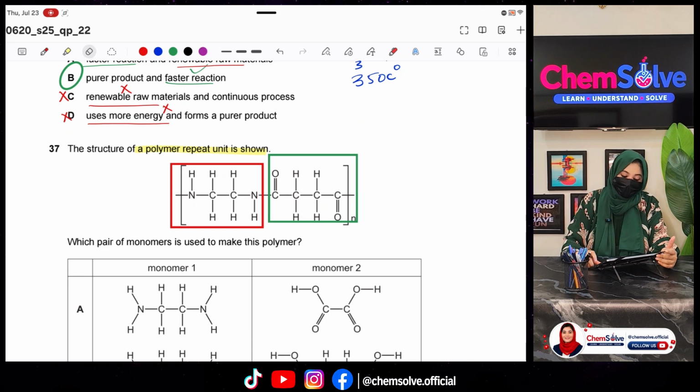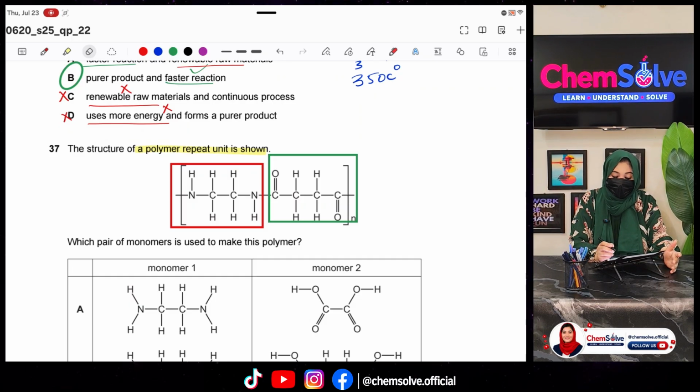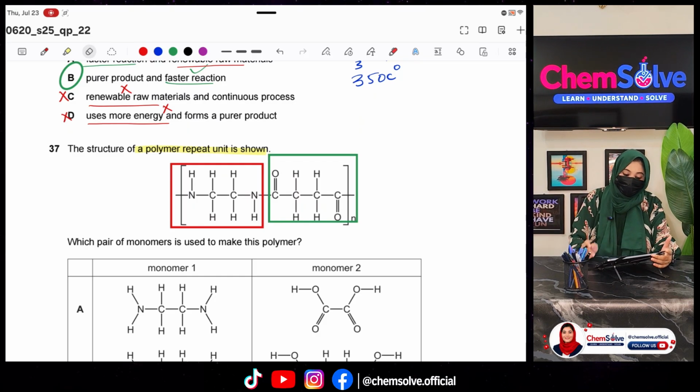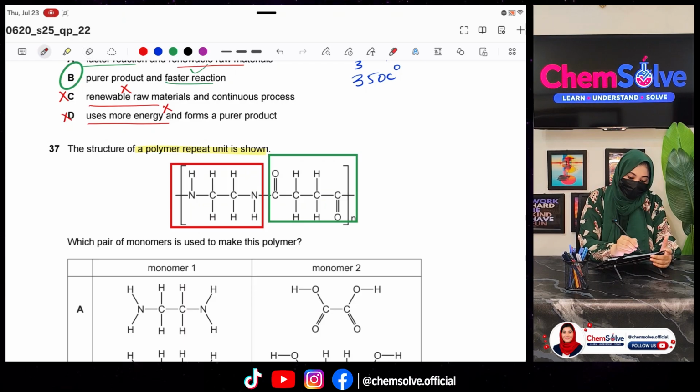Let's move towards question number 37. The structure of the polymer repeat unit is shown. So for the sake of easiness, I just divided this repeat unit into two parts, one red box and one green box. So I'm going to write my repeat unit individually.